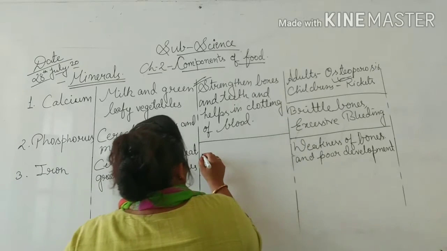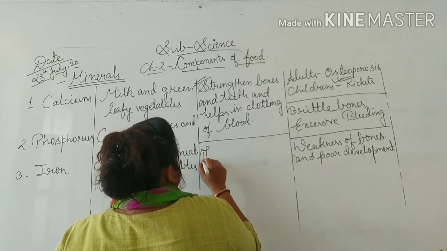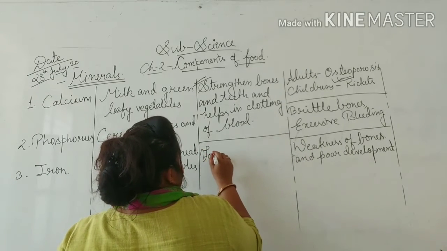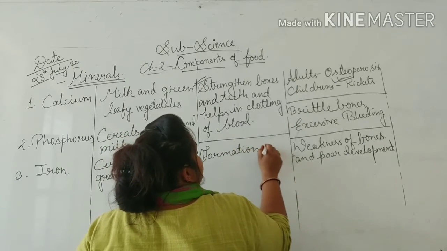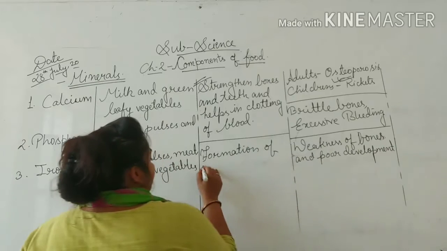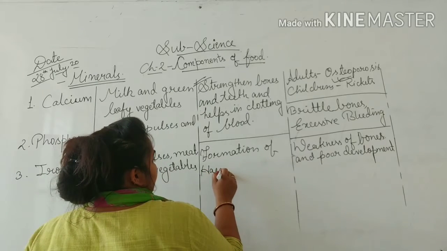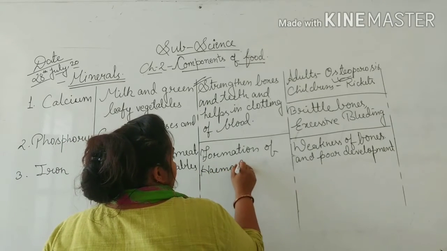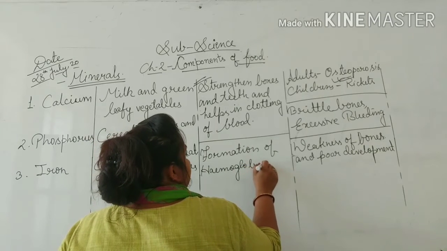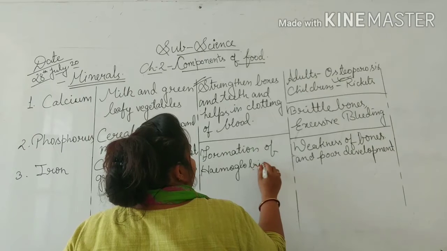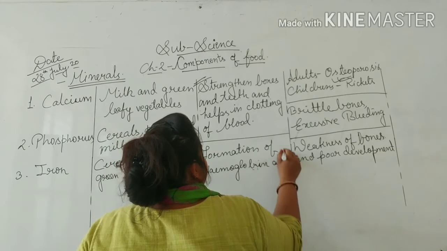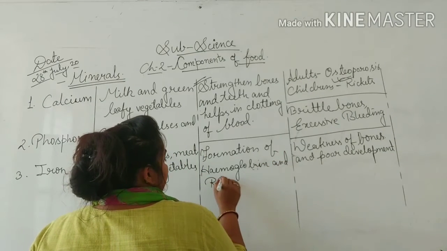So formation of hemoglobin and RBC, that is red blood cells.